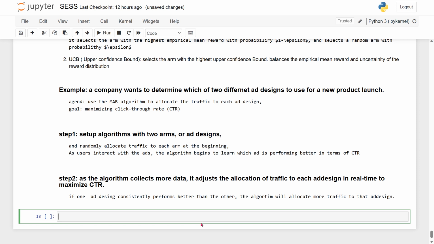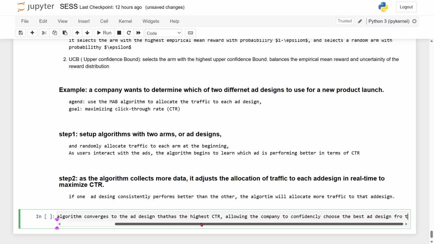Over time, the algorithm converges to the ad design that has the highest CTR, allowing the company to confidently choose the best ad design for their product launch.